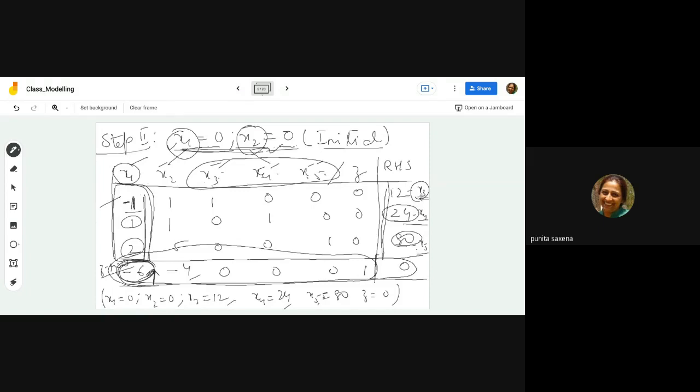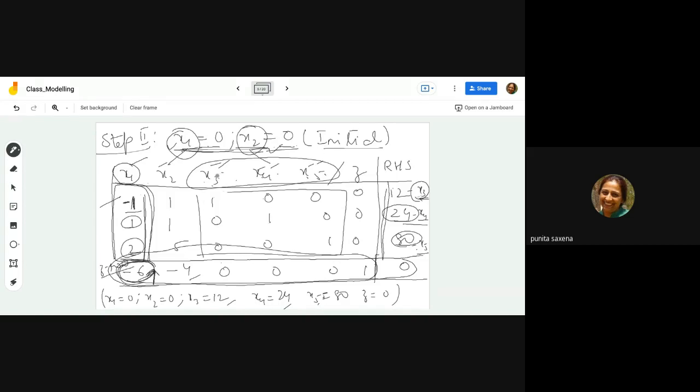This was the first constraint, second constraint, third constraint. So corresponding to x3, you have 0, 1, 0, 0, 0, 1. But it was not corresponding to x1 and x2. So whichever variable is non-zero here will have a corresponding identity matrix somewhere here.